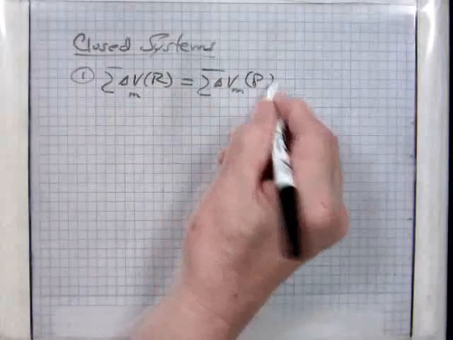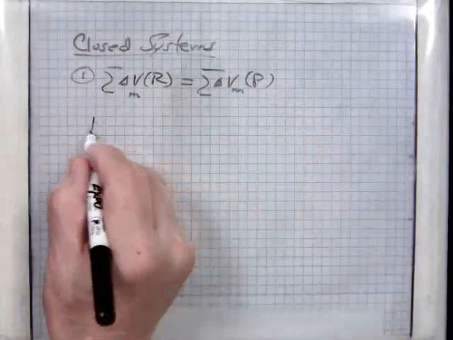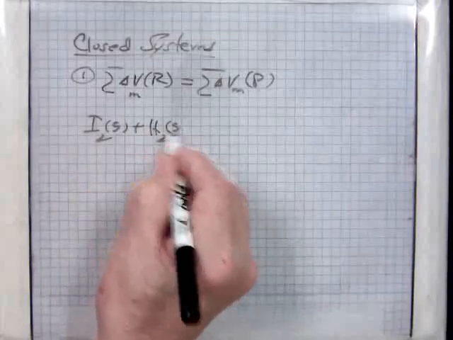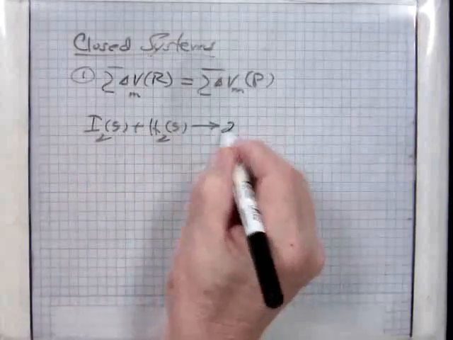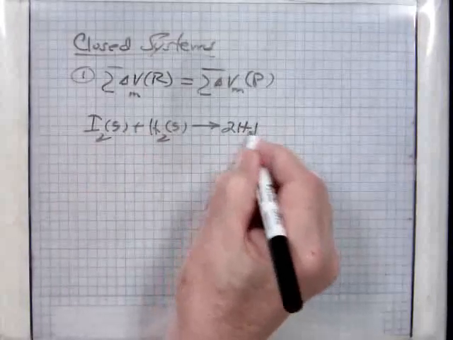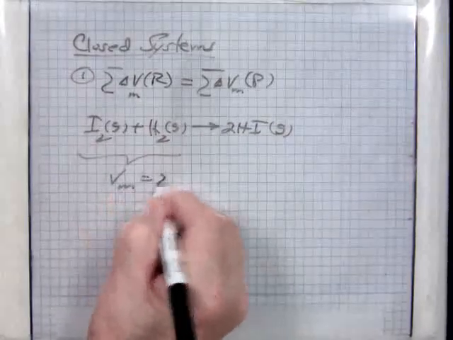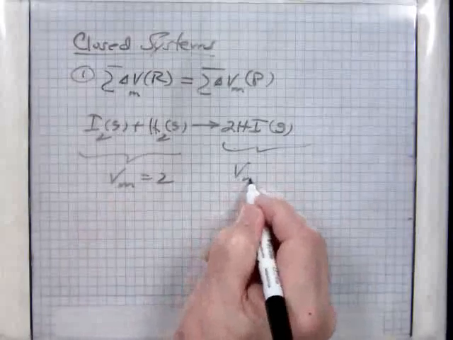equals the sum of the molar volumes of the products. For example, if I have I2 as a gas plus H2 as a gas going to 2 HI as a gas, we have Vm equal to 2 on one side, and over here I have Vm equal to 2.